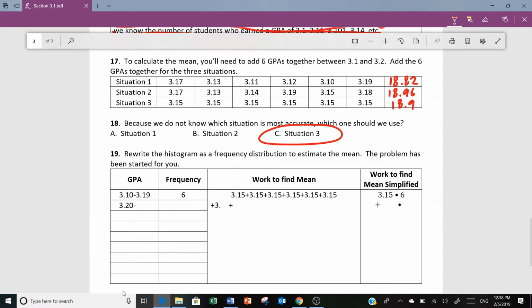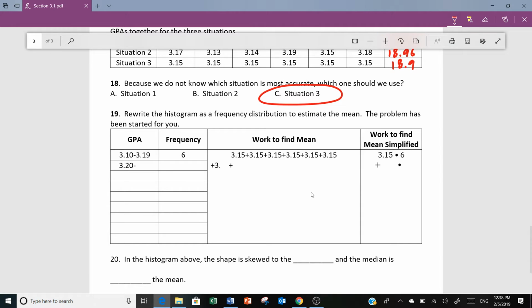Now I want to finish these 2 columns here and then add my additional work, and that'll help me find the mean. So let's go ahead and do that.